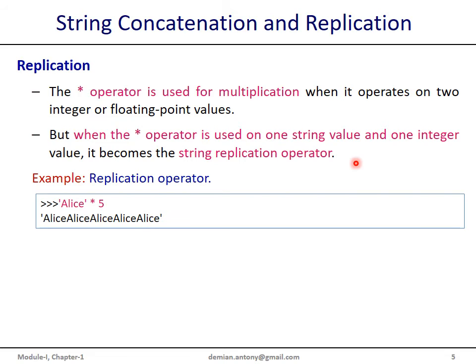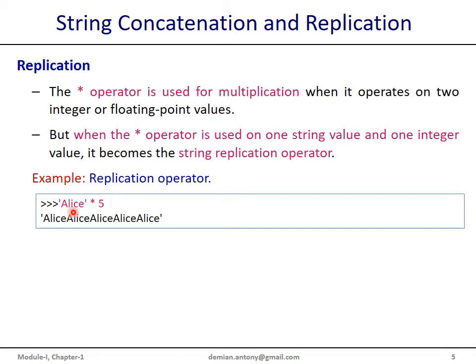Let's take up one example. In this example, the first operand is a string Alice, then we have the operator star, and the second operand is a value which is of type integer. What this operator does, the string replication operator repeats the first operand 5 times.